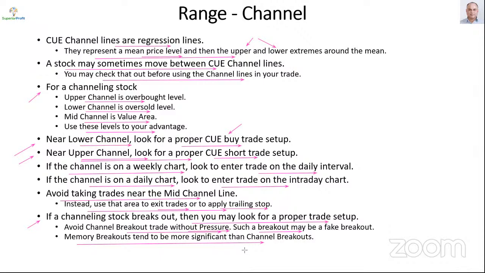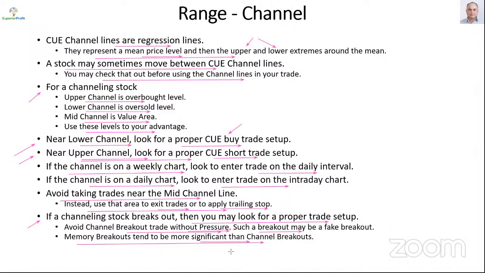Channels are redrawn based on the recent price move. That is the average price and the extreme around the average price level. Because of that, my observation is trend line breakouts are more effective than channel breakouts. That's why the Q breakout setup does not rely on channel breakout, but uses memory breakout.